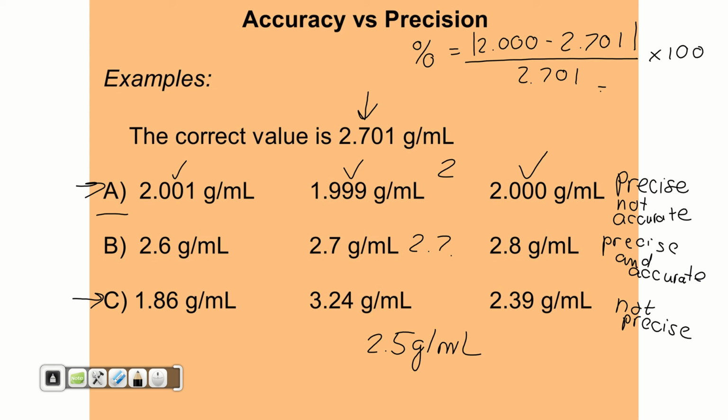Let me go ahead and do the sig figs here. 4 sig figs, 4 sig figs, or 4 sig figs, so I need to round this to 4. 25.95 percent. So they're 26% off, which is pretty far, but we'd probably be able to figure out that there's something wrong with the instruments or the procedure. That's another reason behind it.